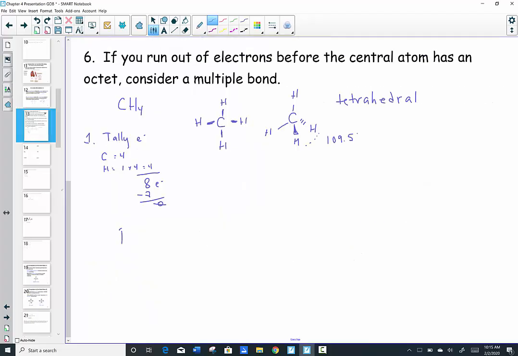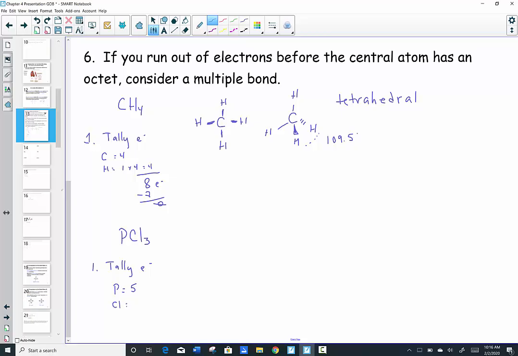Notice the next one on your worksheet says PCl3. Phosphorus Trichloride. Let's count how many total electrons we have. So tally your electrons. Phosphorus, who lives in group 5A, is going to be able to contribute 5 electrons, 5 dots in my structure.